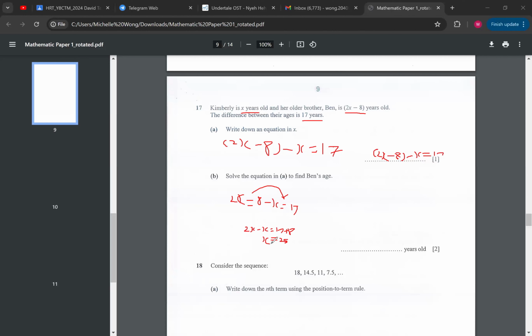Now we know x, we need to find her older brother Ben. So 2 bracket 25 close bracket minus 8. So 25 times 2, you get 50. 50 minus 8, you get 42. So that is 42 years old.